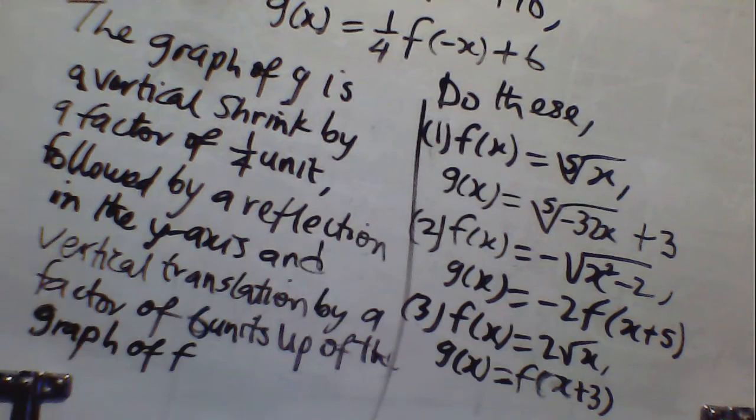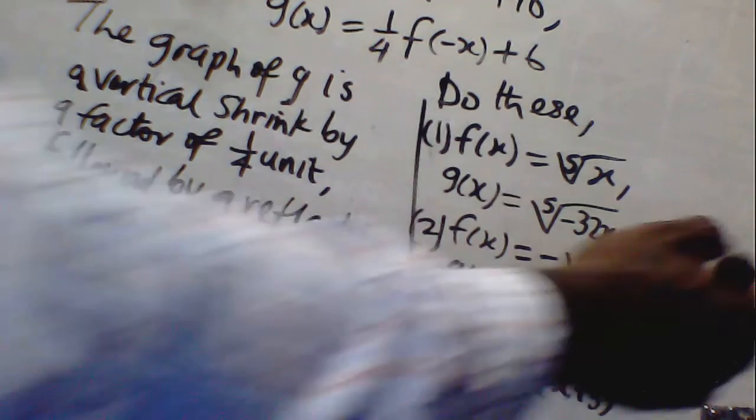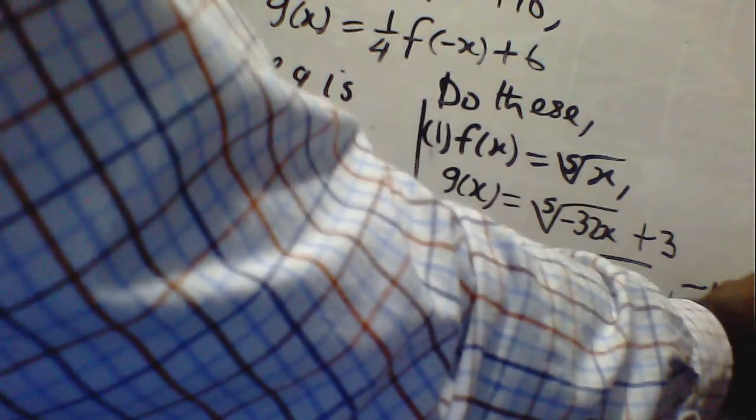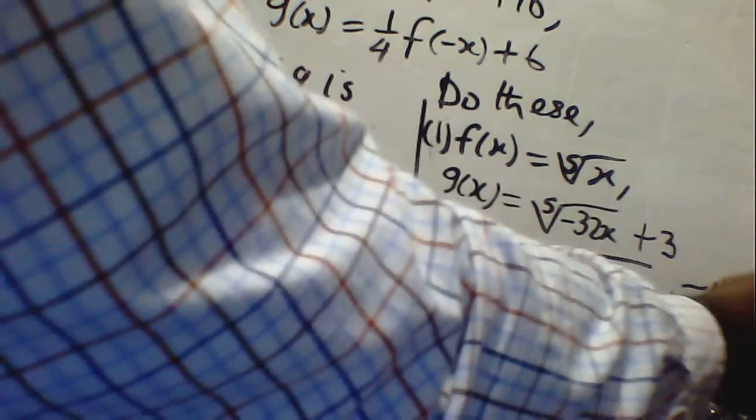So these are 3 questions you are to solve. Do them and send to me exactly what I did. Describe the transformation of f represented by g. The second one, do not plot the graph here. No graph, but you can try to plot the graph.